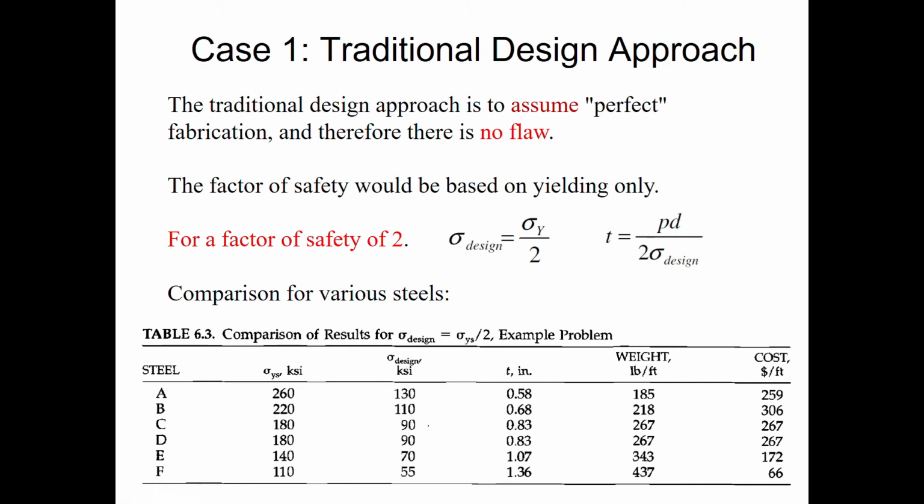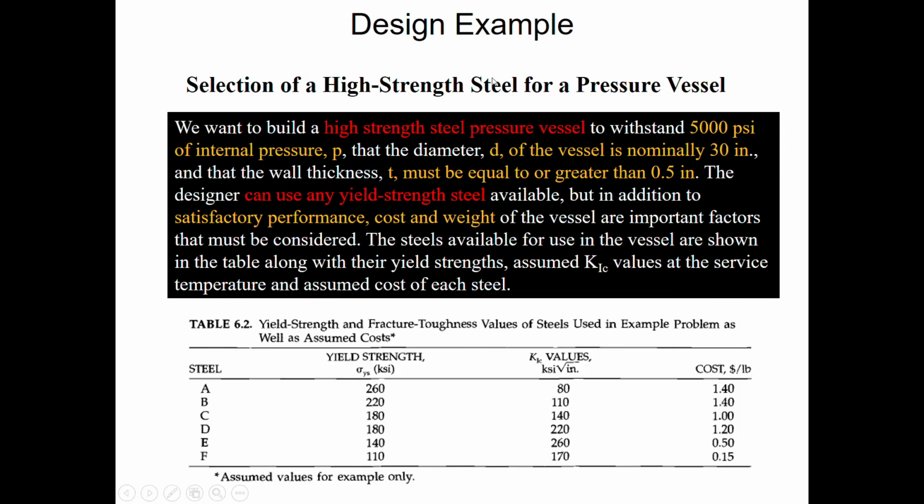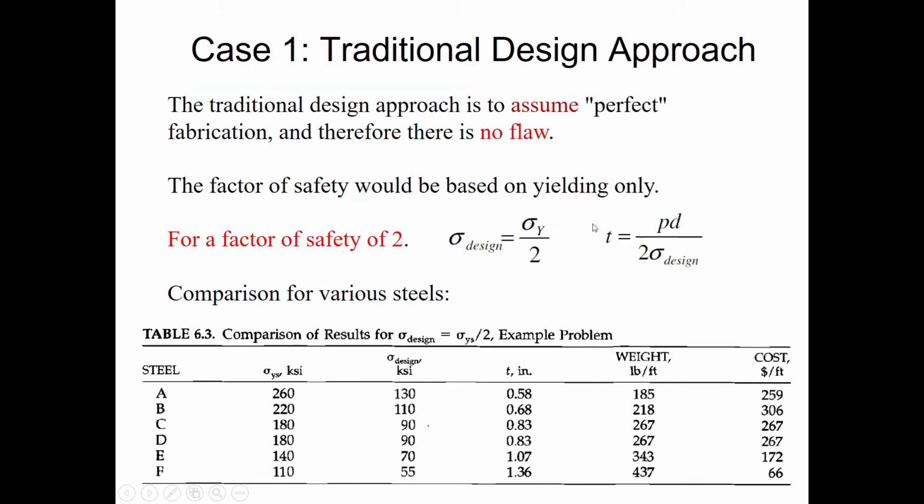The thickness T equals P times D over 2 sigma design, where P is the internal pressure and D is the diameter of the vessel. Sigma design will be taken from here. So it is very straightforward, you just need to substitute all the values here.